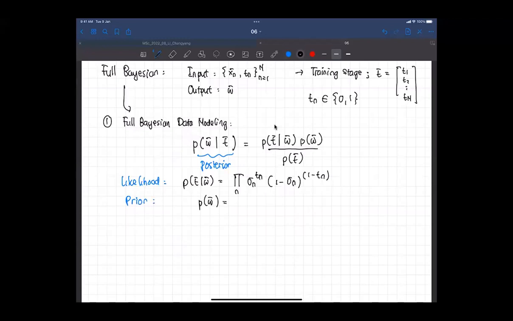How do we model the prior? Right. Gaussian of W bar with a mean of 0. Let's make it more general, a zero vector, and standard deviation alpha inverse I. Any questions so far?